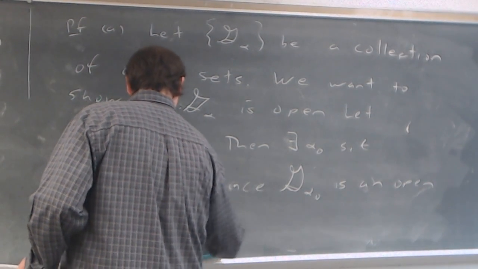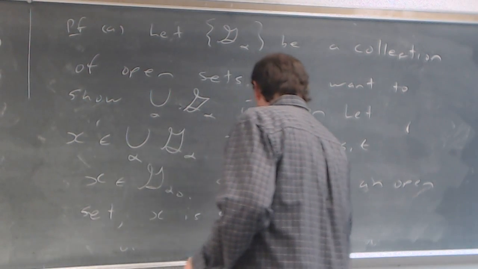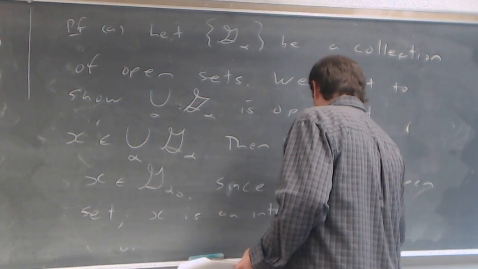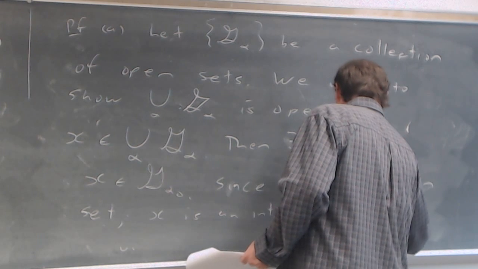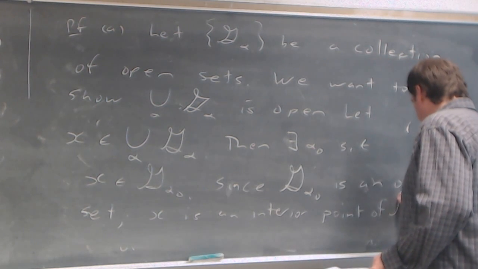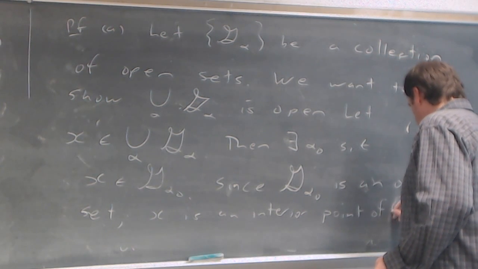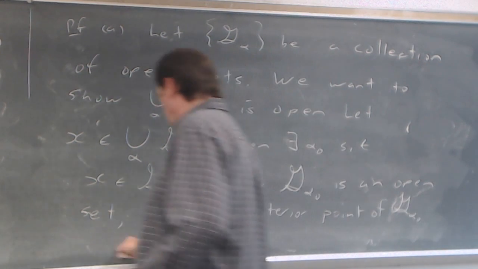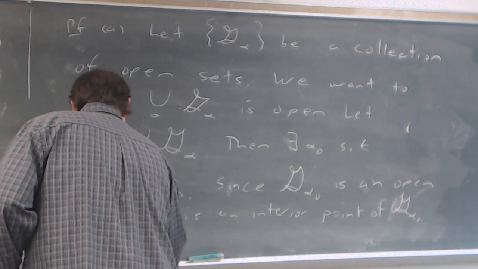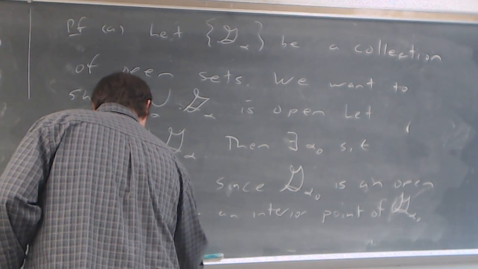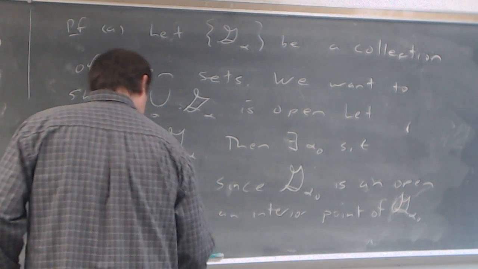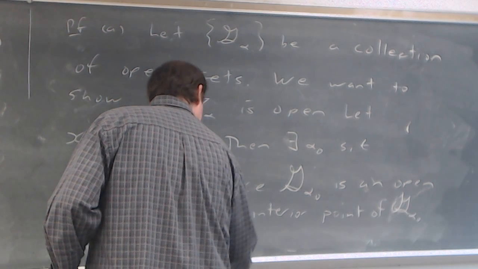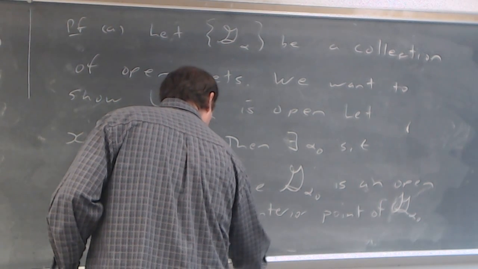Since G sub alpha naught, this particular set, is open, x is an interior point of this set. So there exists a neighborhood of x that's contained in this G sub alpha naught.